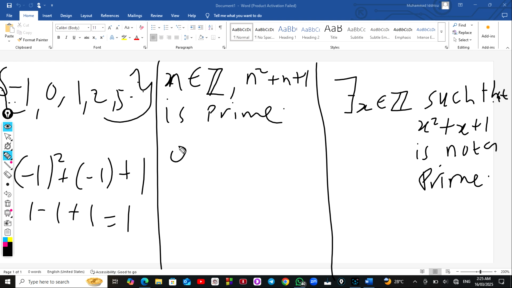After this, you can even use 0. 0 squared plus 0 plus 1 is not a prime number, so that means there exists an integer.